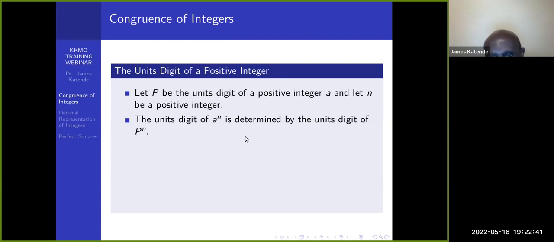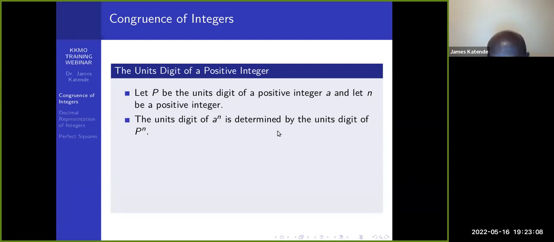So for instance, if I have a number like 241 and want to find the units digit of 241 raised to 4, I just need to focus on the units digit of 1 raised to 4. It will be the same as the units digit of 241 raised to 4.